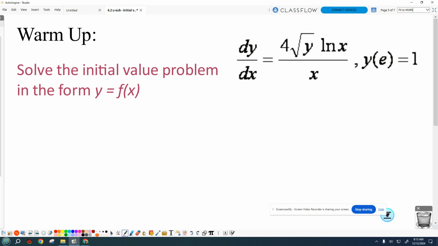Roman, how did you separate? Divide both sides by square root of y, multiply both sides by dx.